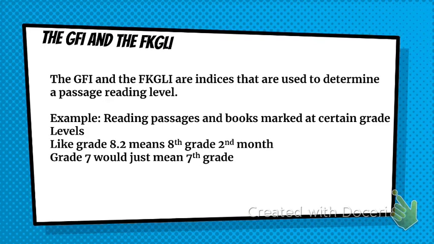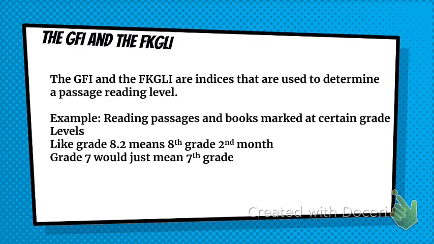So when you look at a book, you focus on certain elements such as how many words, how many sentences, how many complex words, and how many syllables. So if you read a book marked at a certain grade level, like 8.2, that means grade 8, second month. That's kind of the bar.